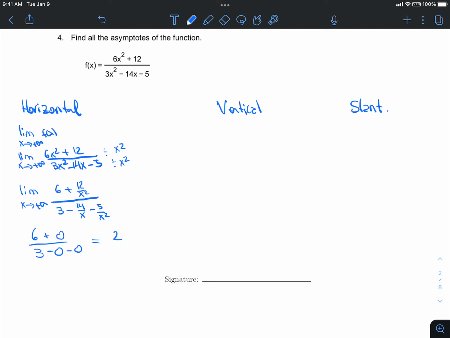So y equal to 2 is one of the horizontal asymptotes. You also need to check what happens when x is very, very large but negative. And a similar calculation is going to show the same thing.